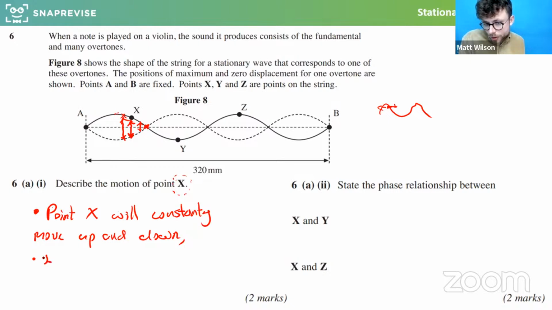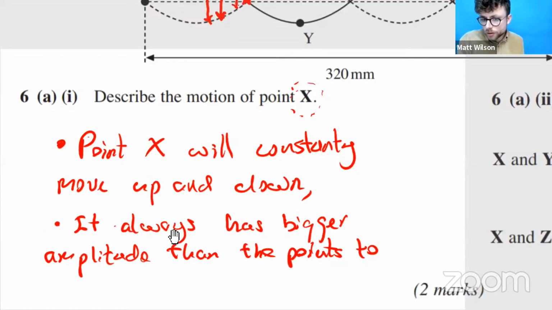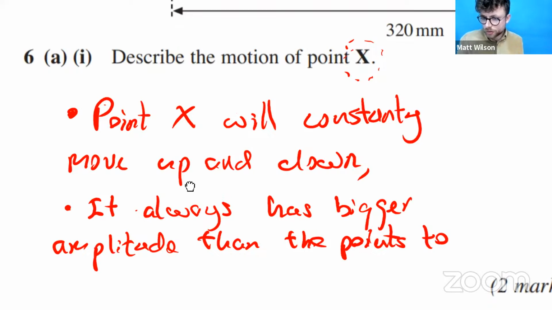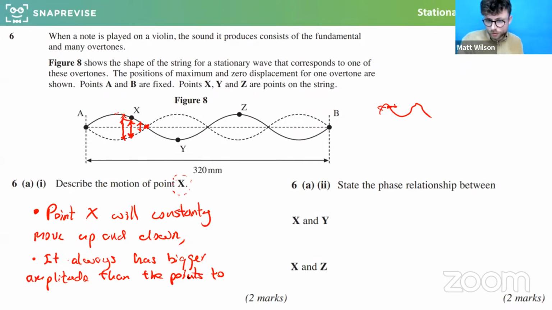So it always has bigger amplitude than the points to its right.